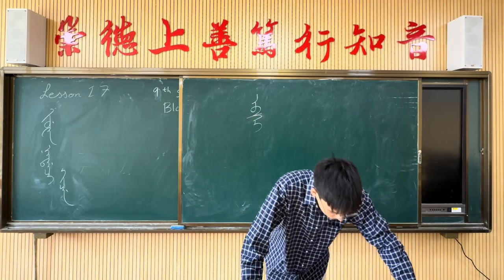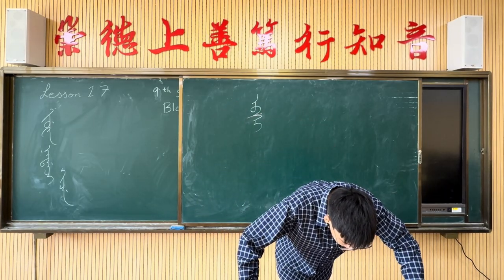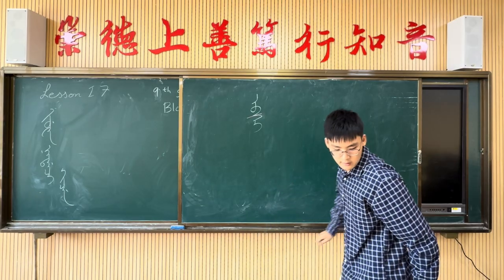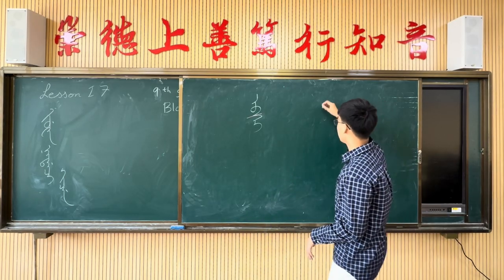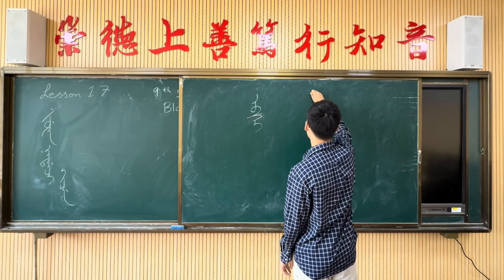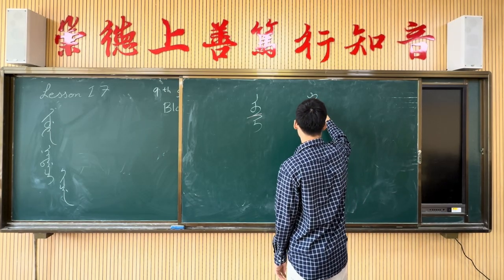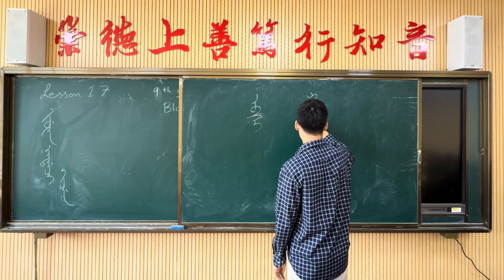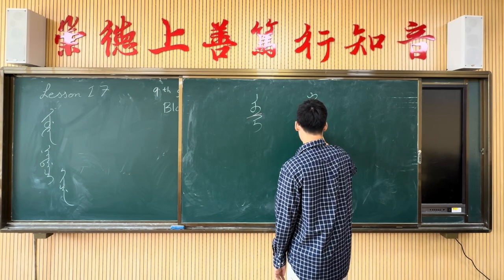Okay, now the hardest one. Let's see, which one's the hardest one? Okay, this one has 4 letters. So let's do this one. Ko chi hyan.